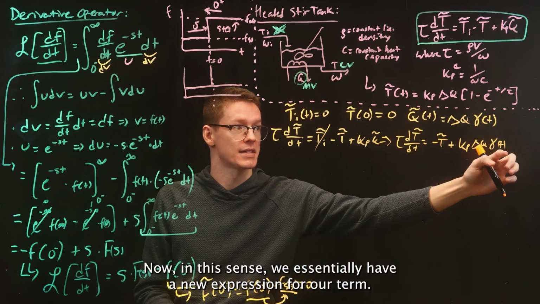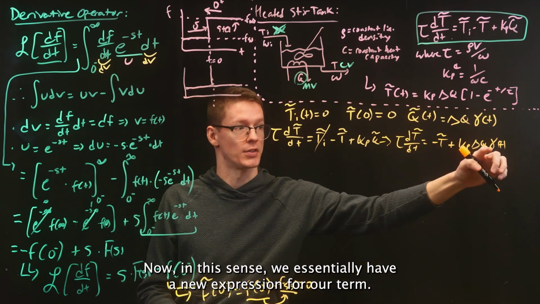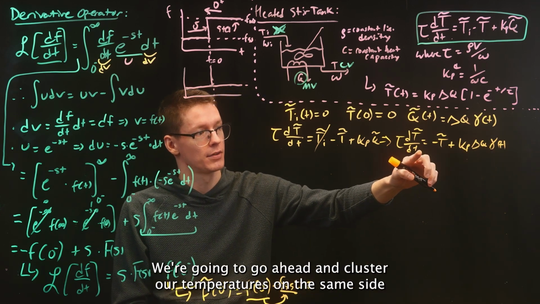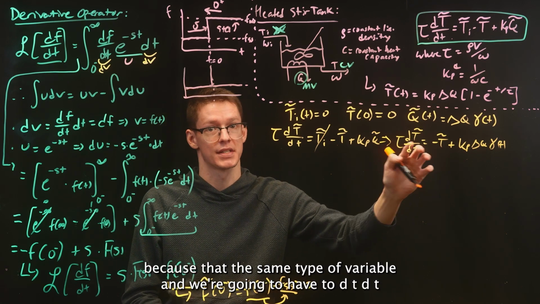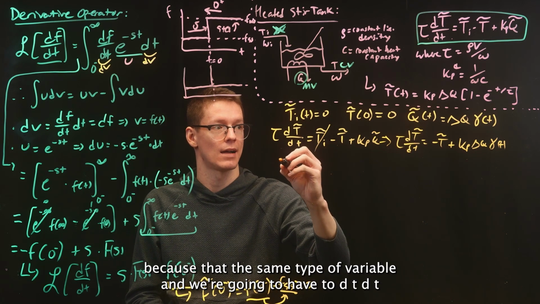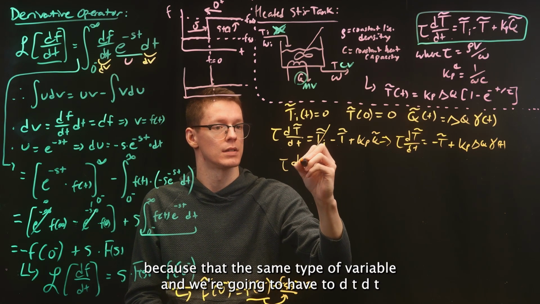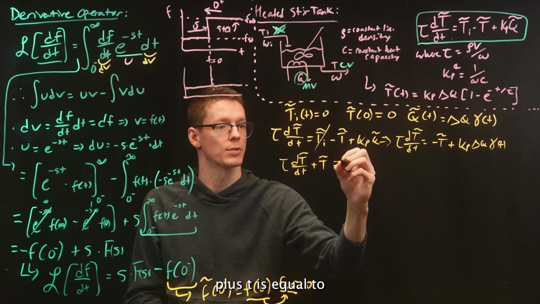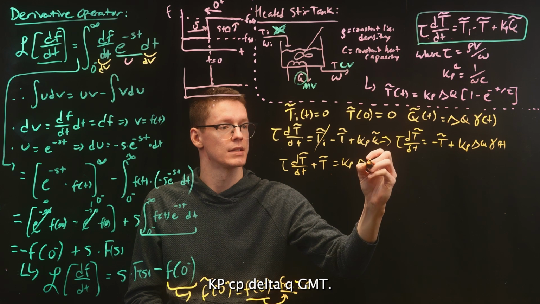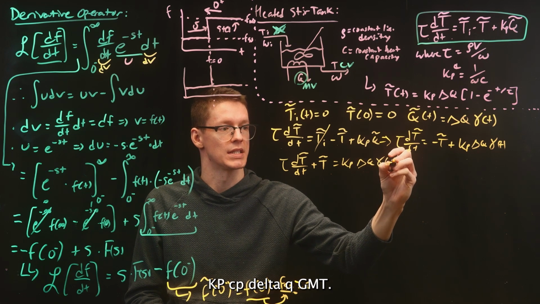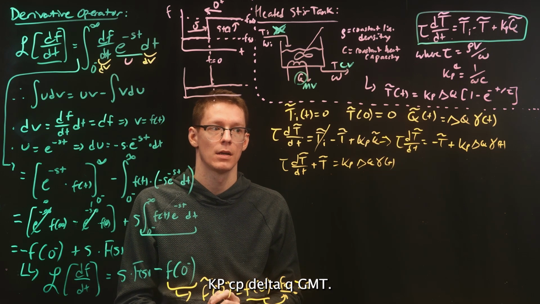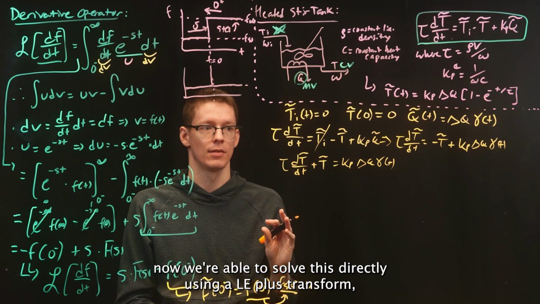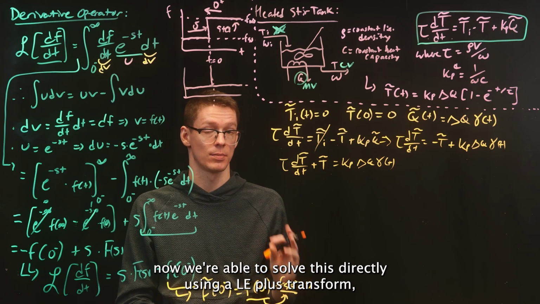Now in this sense, we essentially have a new expression for our term. We're going to go ahead and cluster our temperatures on the same side because they're the same type of variable, and we're going to have tau dT/dt plus T is equal to Kp delta Q gamma T. What if we now were able to solve this directly using a Laplace transform?